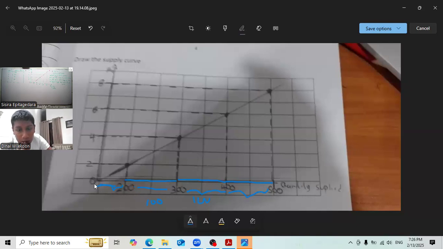When you are coming from 0 to 200, how much is the gap? 200. Then you have used only one square to show a 200 distance. Is that clear? Yes, sir. Correct or wrong? Wrong. Is that clear? Yes, sir.